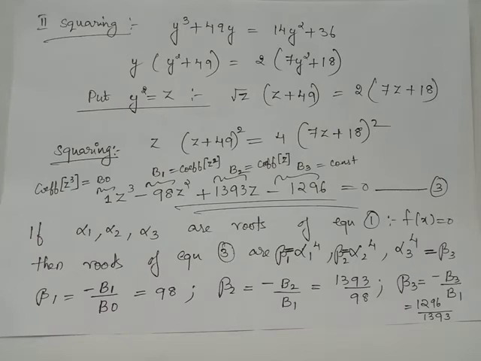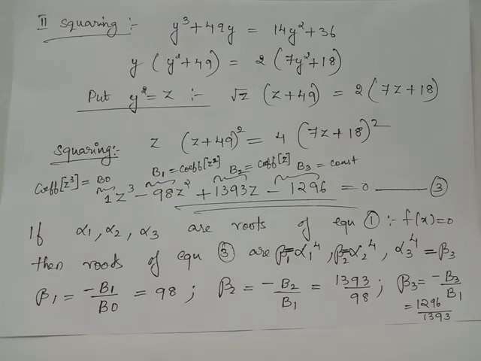Since we have obtained equation 3 by squaring equation 1 two times, this format of roots is applicable. Usually the leading coefficient of such equations is 1, therefore b0 is always equal to 1. b1 is the coefficient of z square, which equals minus 98 here, b2 is the coefficient of z, which equals 1393, and b3 is the constant term, which equals minus 1296.